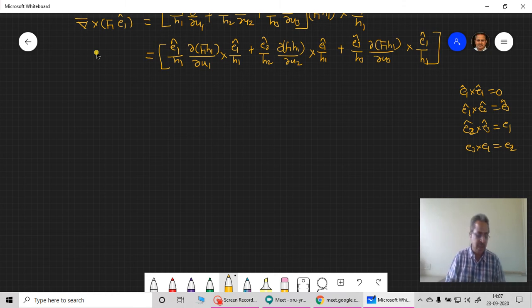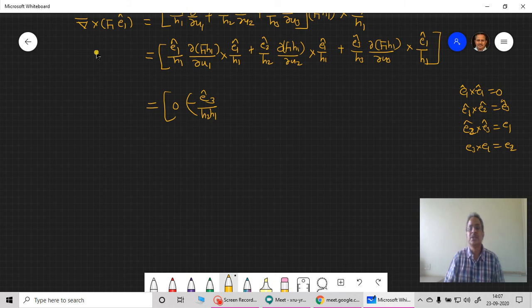So we have to use that cross multiplication of the unit vectors here, and therefore this gives me: the first term gives 0, the second term is minus, I am writing this in the bracket, E3 cap divided by H2 H1.